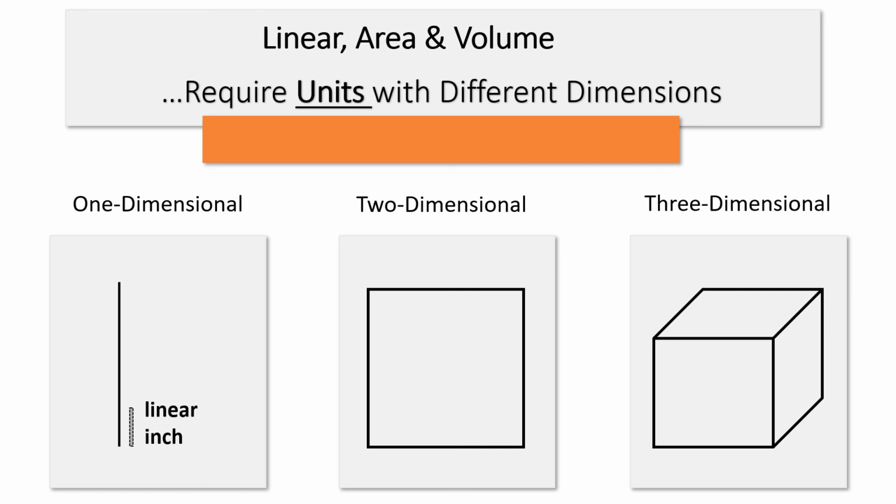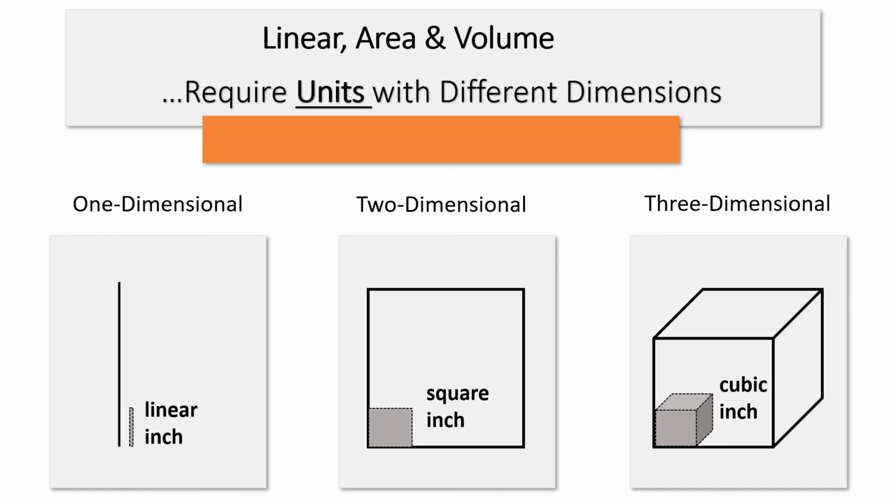Linear inch. When we measure linear, it's just a straight measurement, right? When we measure area, we have to measure two directions. So we measure not just a linear inch, it's called a square inch. And when we measure volume, that's three different measurements, so we have to measure in cubic inches.